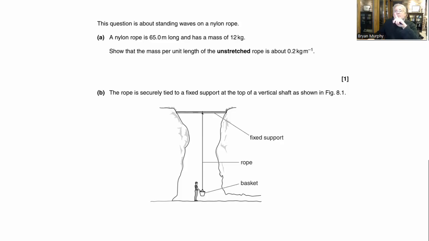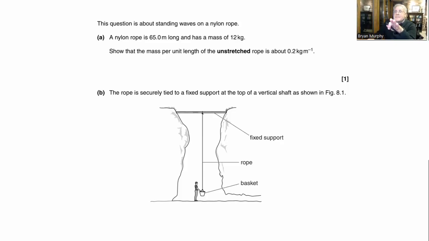Now, what questions usually say is a light string, which means that the string does not have any mass. This one clearly has mass. So if it's 65 meters long and it has a mass of 12 kilograms, you can work out the mass per unit length, which is 12 divided by 65, and you get about 0.2, job done.